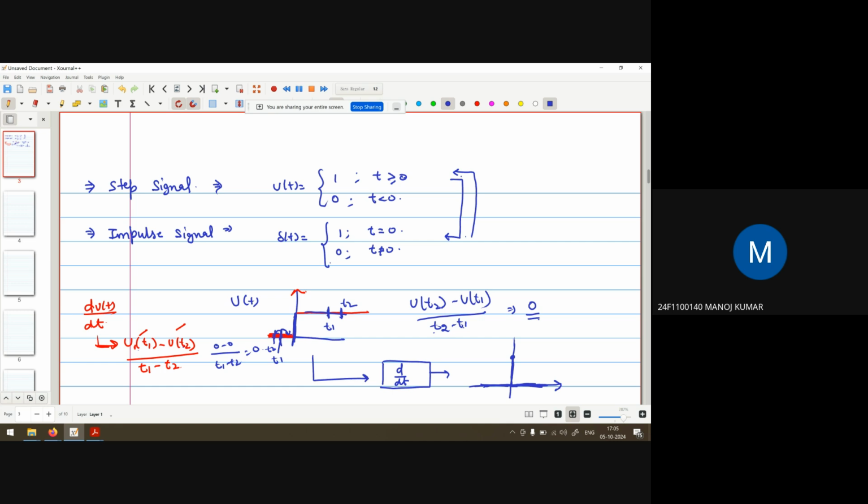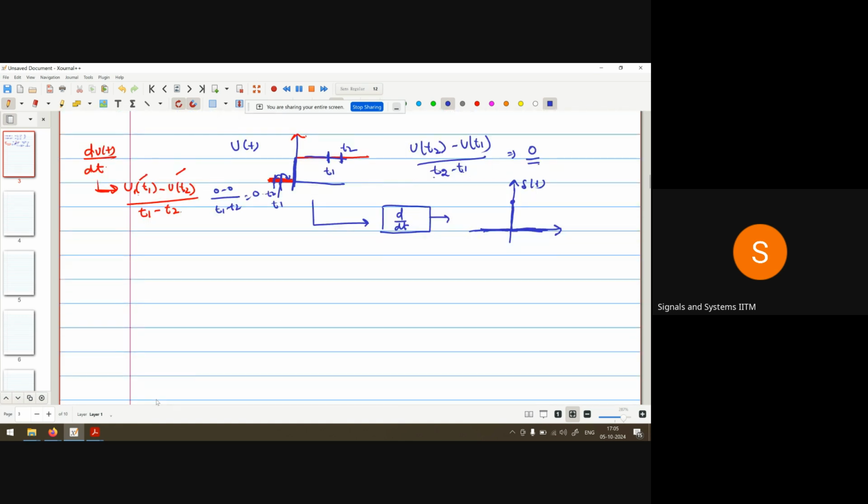Impulse signal. So can I say that d by dt, differentiation of u of t signal, is delta t signal? Okay. Now similarly, one more signal is there, the r of t signal.